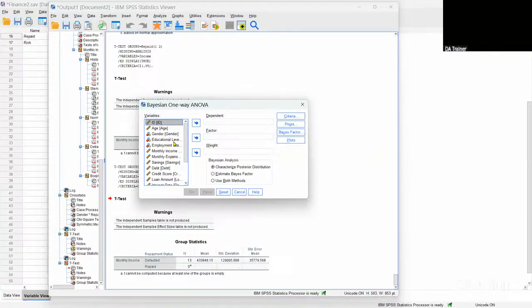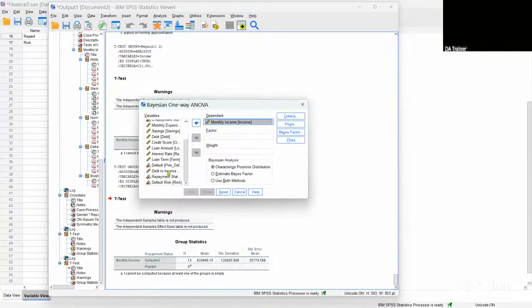Very simple. Take the dependent variable to monthly income, right? And then take repayment status to factors. Very simple there.